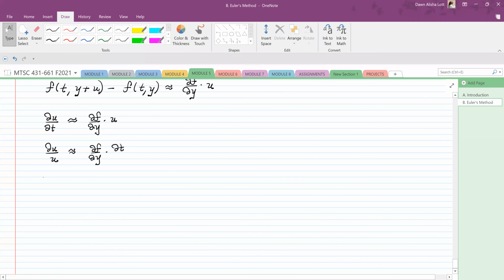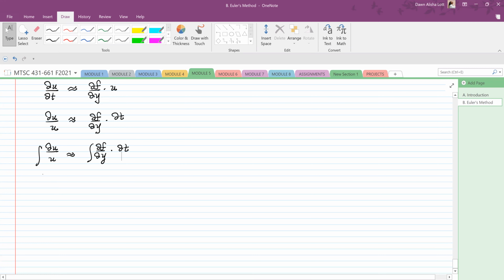So when I integrate both sides, I get u is a constant times e to the integral from a to t of the partial of f with respect to y, partial with respect to t.